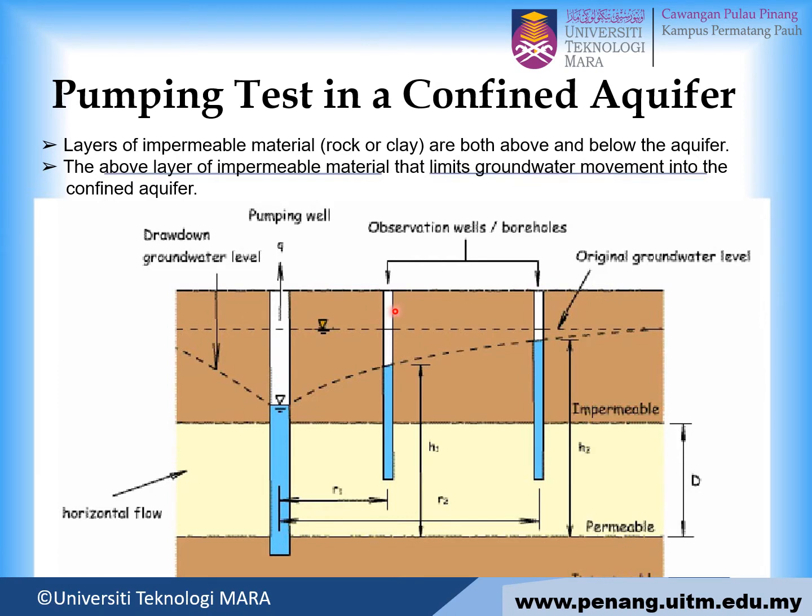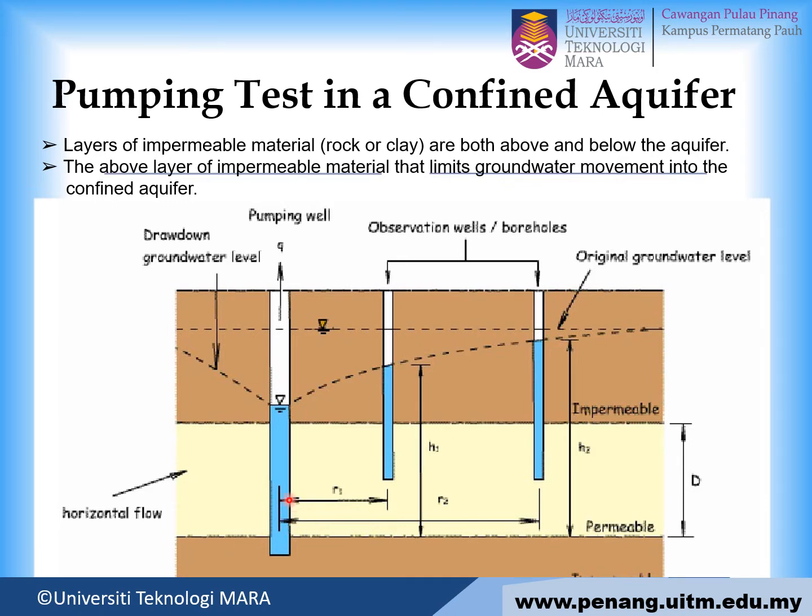This is observation well 1 and observation well number 2. After you pump out the water, the initial groundwater table draws down to the new groundwater table. This is the first drawdown for observation well 1. This is the second drawdown for observation well number 2.